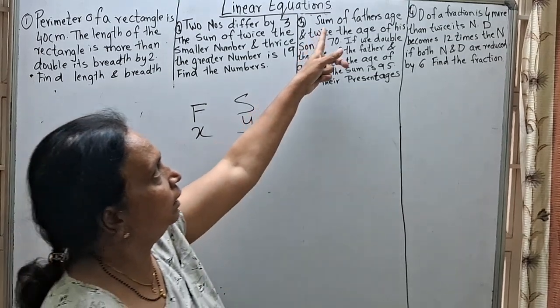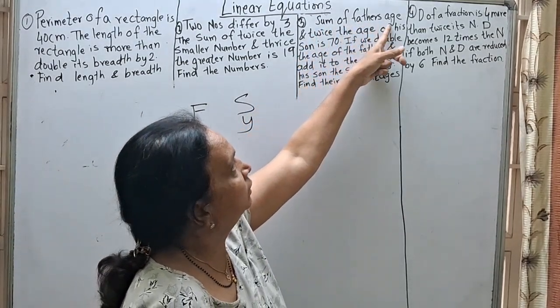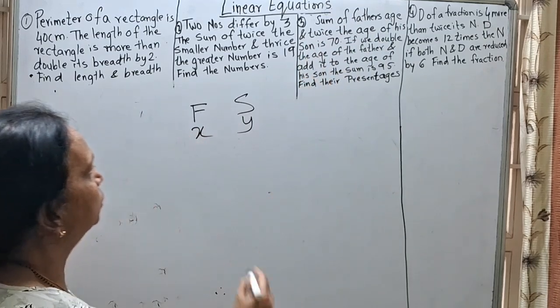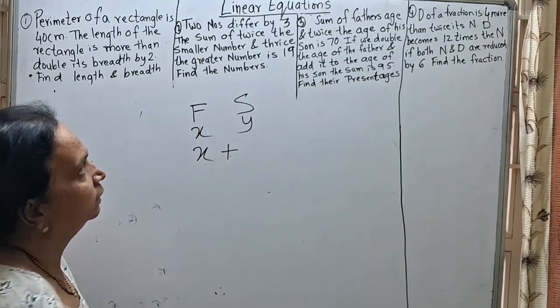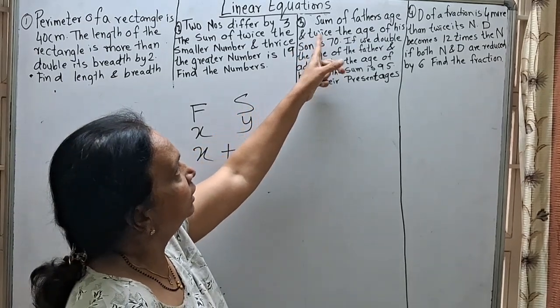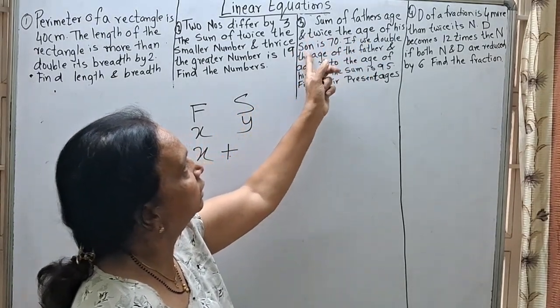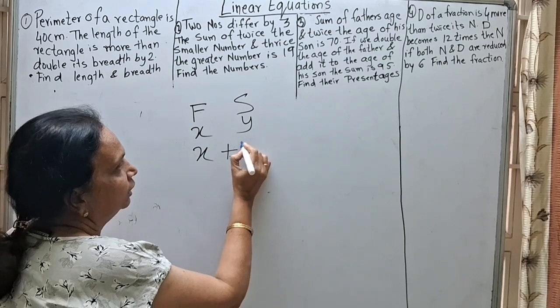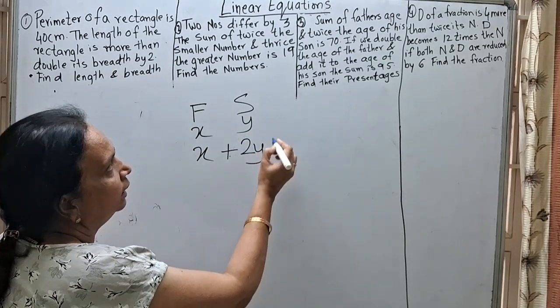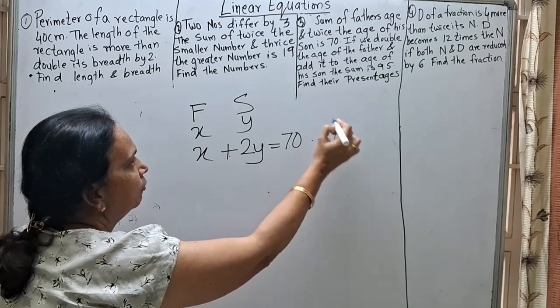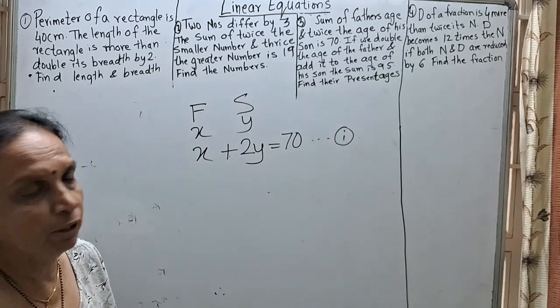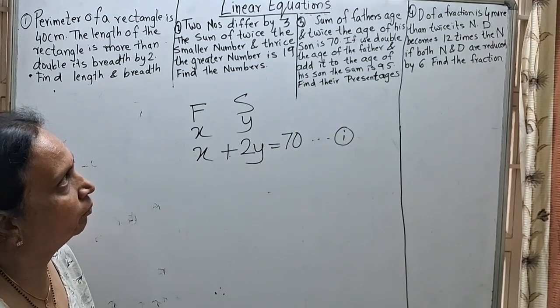Now we read the condition again. Sum of the father's age. Sum means plus. Father's age is x, and twice the age of his son. Son's age is y, twice so 2y, is equal to 70. So this is how simply we have done our first equation by reading the given condition.